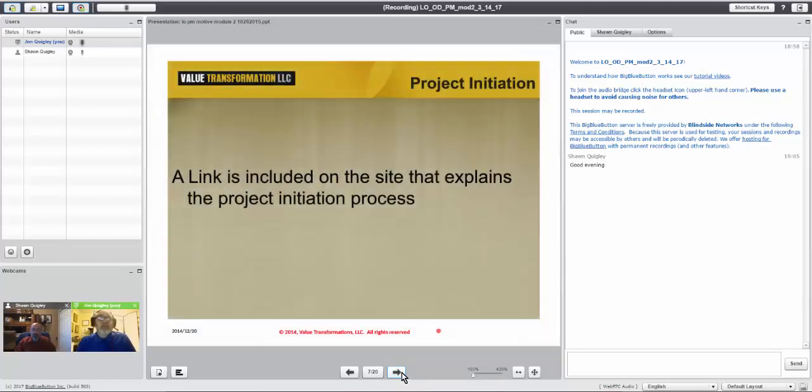Now, this slide is in here just to let you know that there's considerable other things on the site explaining the project initiation process in further detail. This is not a project initiation class, but you do need to know a little bit about what happens in this phase to understand what opportunities you may have for learning and organization development.